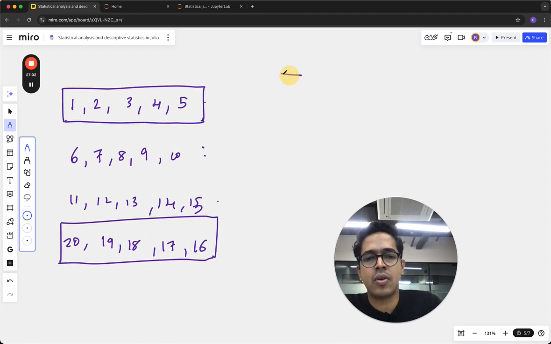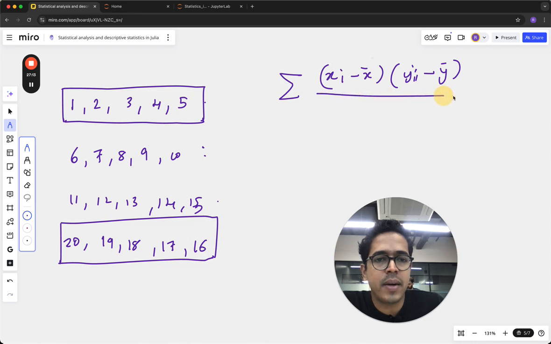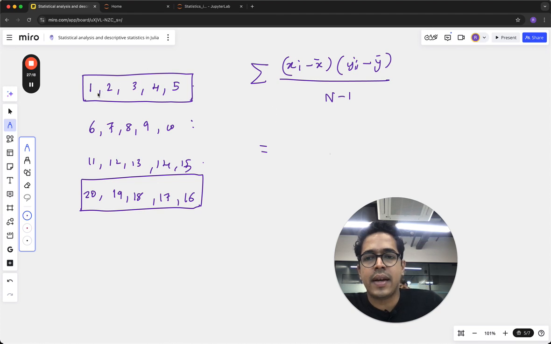So now let's go back to the covariance formula. It is xi minus x bar, the whole multiplied by yi minus y bar, divided by n minus 1. So now xi minus x bar is minus 2 for this, because this is 1 and the mean is 3. So minus 2 times yi minus y bar, which is 20 minus 18, because the mean here is 18, so times 2.